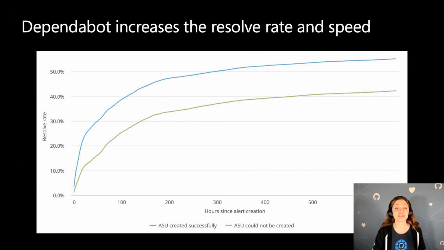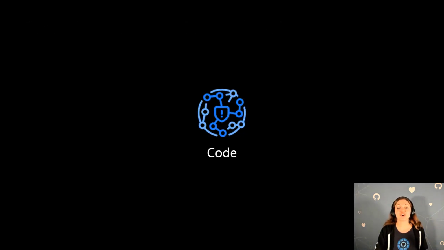And then we also can see that the resolve rate and the speed for people using Dependabot is much higher than people who are not. So we actually see that it is working for people, and it makes it a lot easier to identify and fix vulnerabilities.